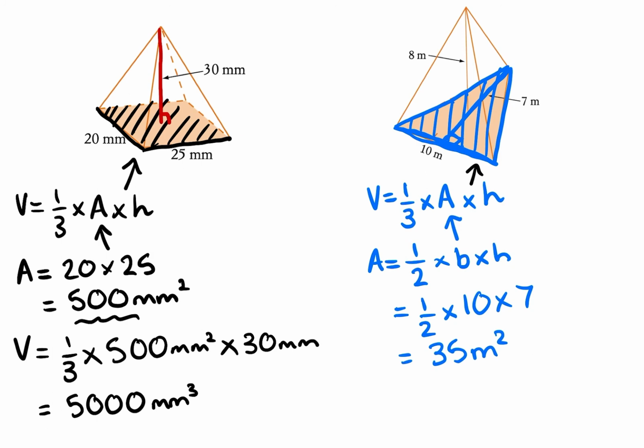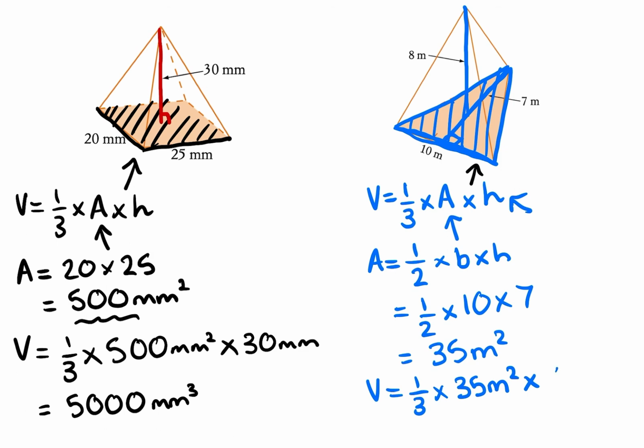We know that now, so we can plug it into our original formula for volume, because we're not trying to find the area of the base, we're actually trying to find the volume. So volume is equal to 1/3 times the area of our base, which we said was 35 square meters, times the height of our pyramid now. So we're not talking about the height of the triangle anymore. We need to remember that this H in our volume formula is the height of the pyramid. So it has to go up to the top of the pyramid from the center of the pyramid.